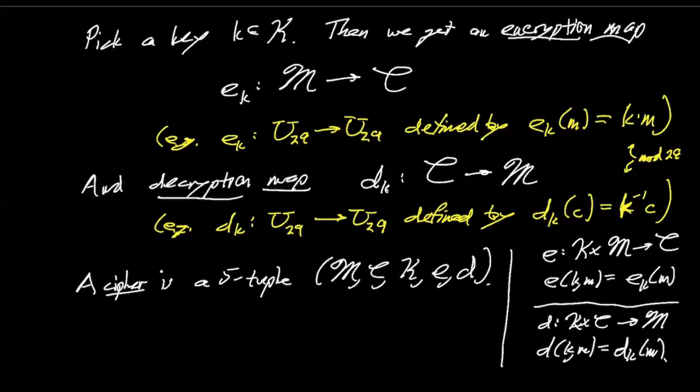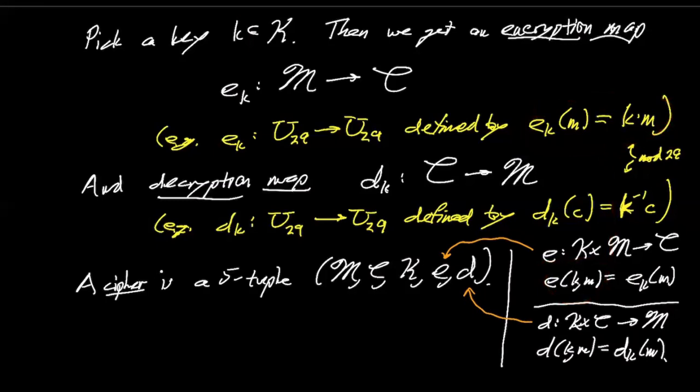That's the concept. Up here, we could think of E of K, M as just multiplying K and M mod 29.